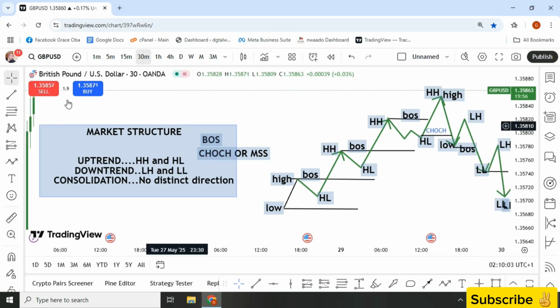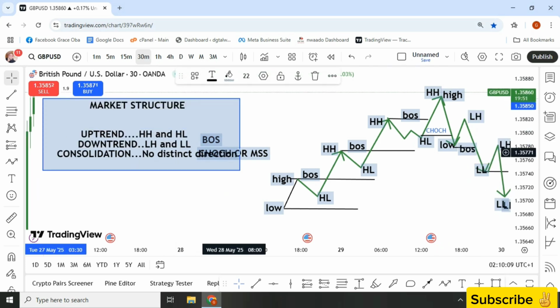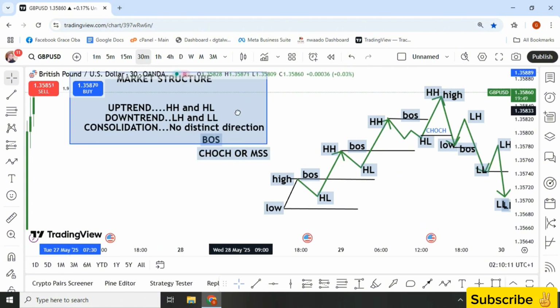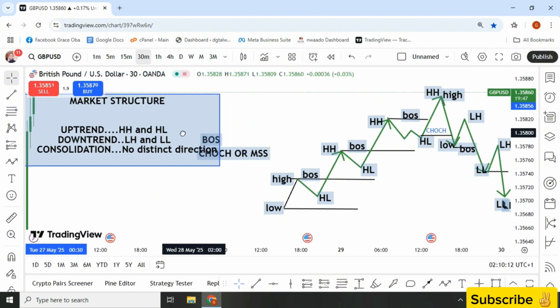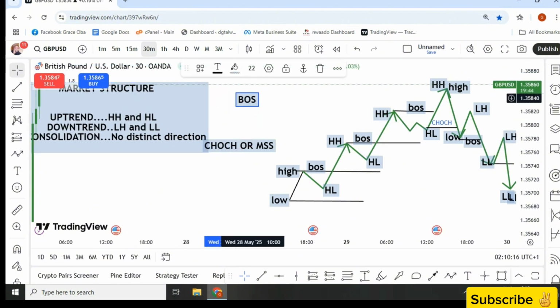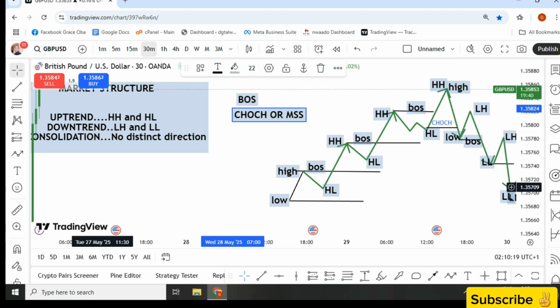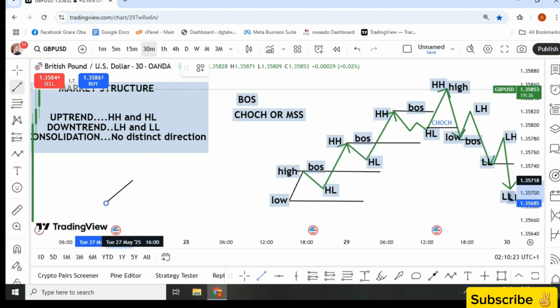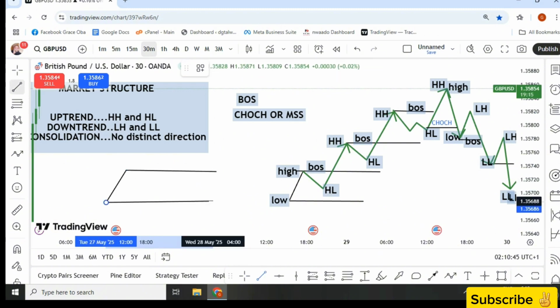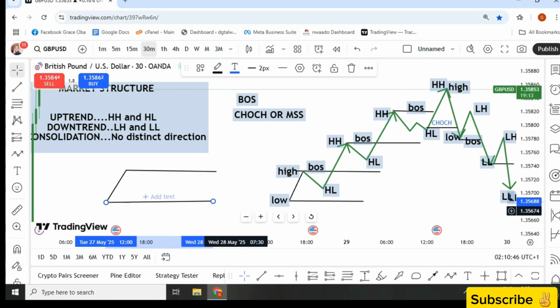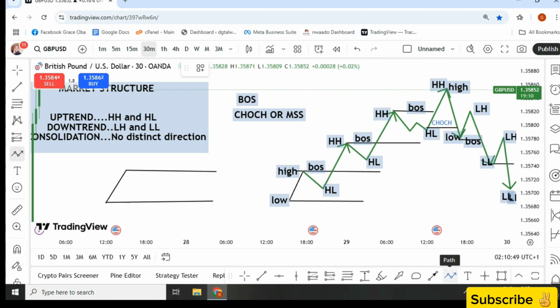Now for a consolidating market, the market does not really have a distinct direction. Let me illustrate it from here, then show you all these market structure phases in the chart. So this is the situation whereby the market continues to range inside a particular zone.